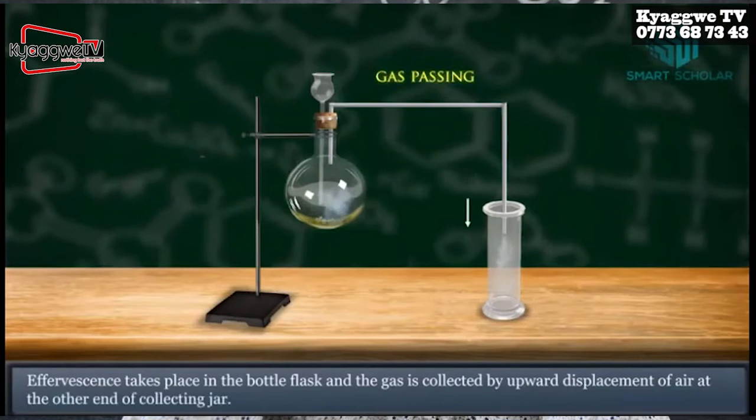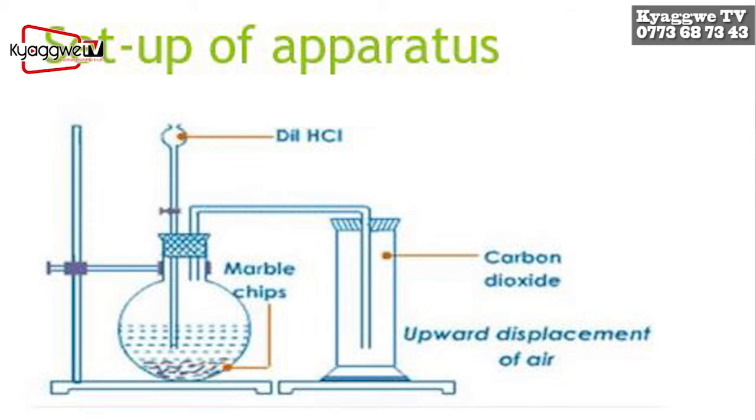On your screen now, from our video, there is a setup of apparatus. How do we set up the apparatus to prepare carbon dioxide? It is simply drawn from the video we looked at. We put dilute hydrochloric acid in a thistle funnel, and in a round bottomed flask below, we put marble chips.